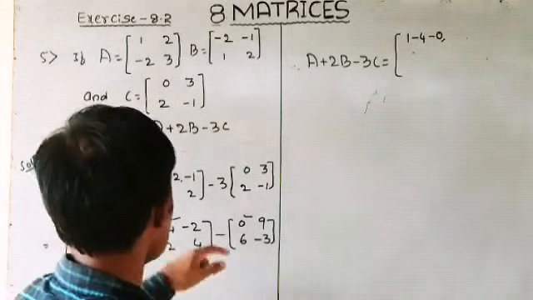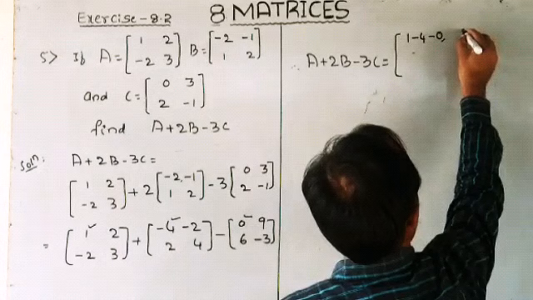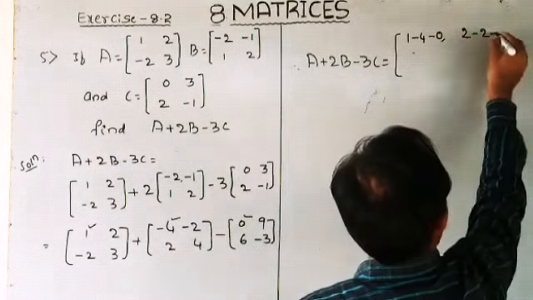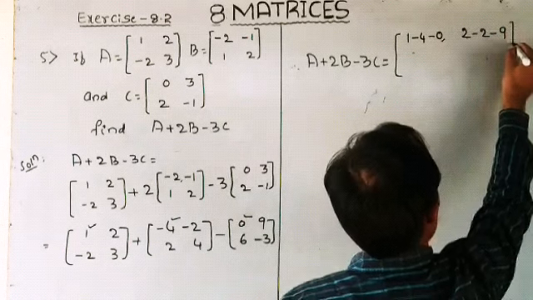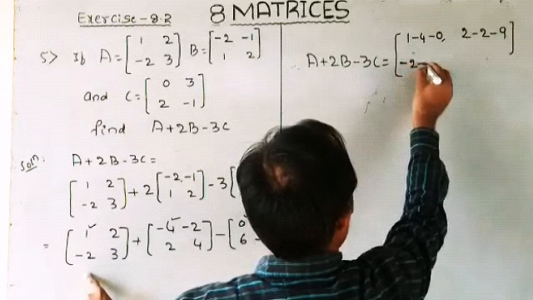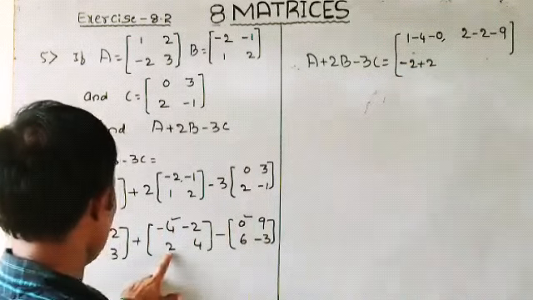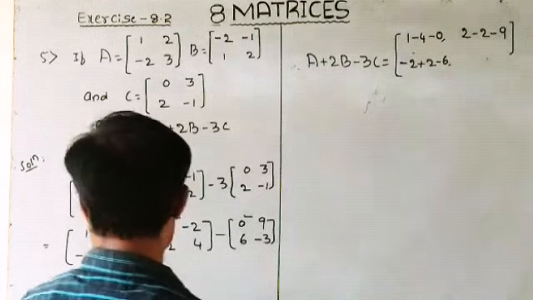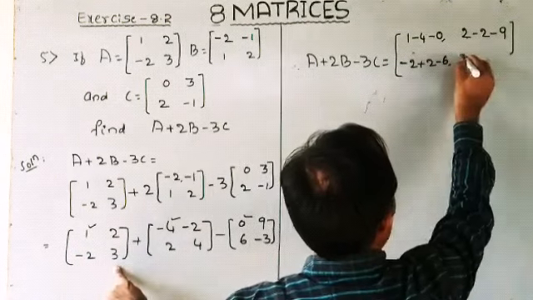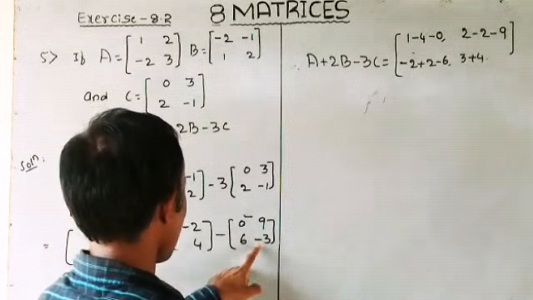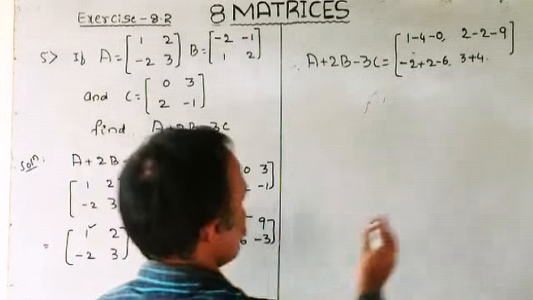Next, 2 plus of minus 2, so 2 minus 2 minus 9. Next, minus 2 plus 2 minus 6. Next, 3, corresponding elements, plus 4 minus of minus 3, that is minus of minus 3 plus 3.